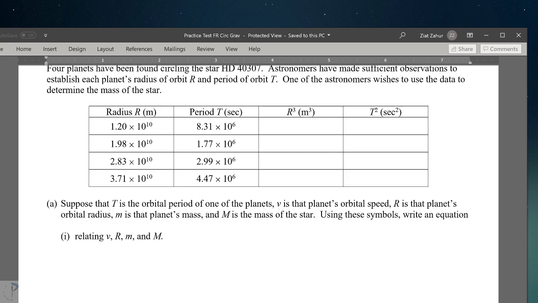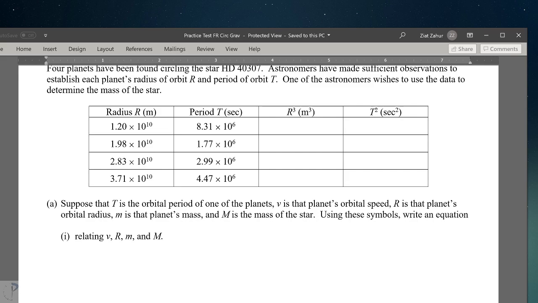It says, suppose that T is the orbital period of one of the planets, v is the planet's orbital speed, r is the planet's orbital radius, m is the planet's mass, and capital M is the mass of the star. Using these symbols, write an equation relating v, r, m, and M.